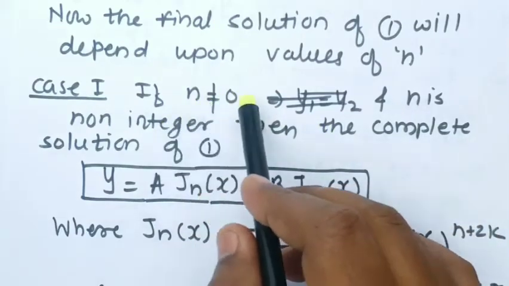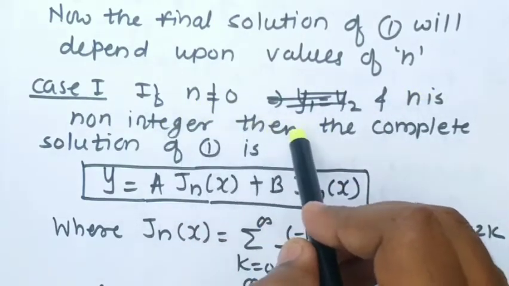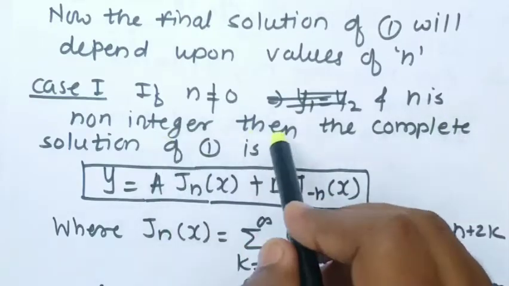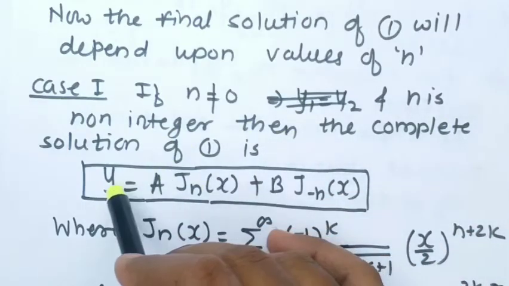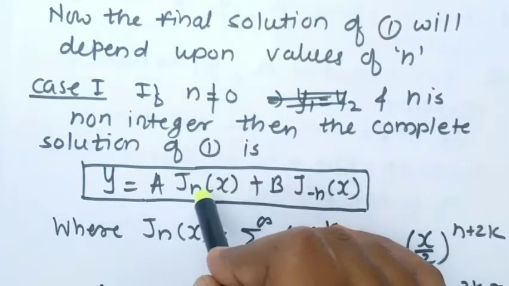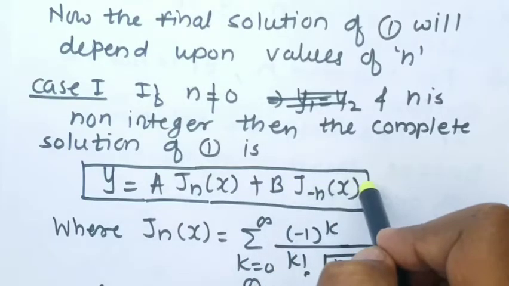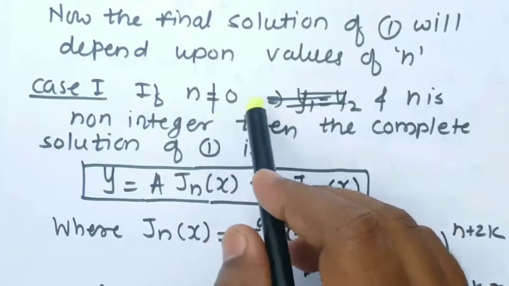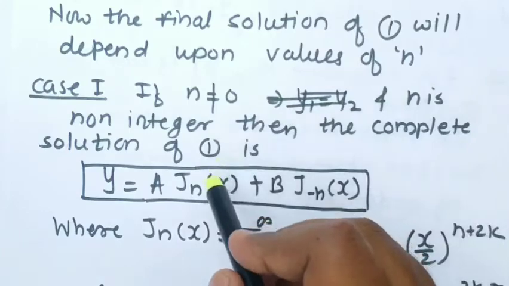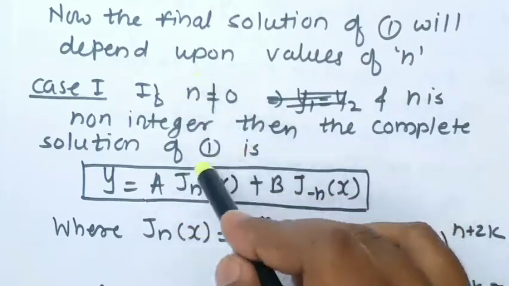So when n is non-zero and non-integer, the complete solution of 1 is of this form, y equal to a into jnx plus b into j minus nx, okay. Means in that case your y1 and y2 become jnx and j minus nx.